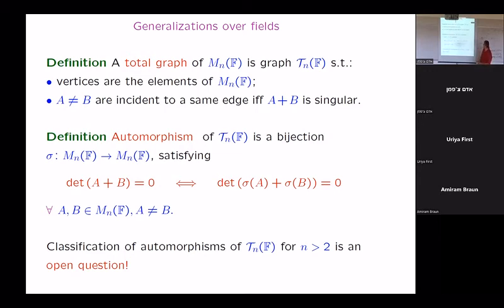So when you consider a certain algebra, you could always construct many different, possibly infinite, graphs. Like you consider matrices, and you could construct a commutativity graph.